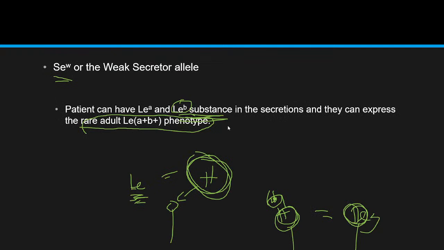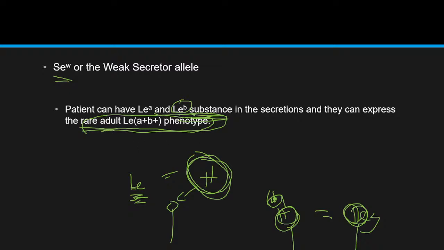So we are included in that particular rare allele. There's a possibility that one of us in this particular class has the weak secretor allele. And why don't we know that? Because it's not really important. Do I really need to know that? No. All you need to remember is that these patients will have the rare Le(a+b+) adult Lewis phenotype.